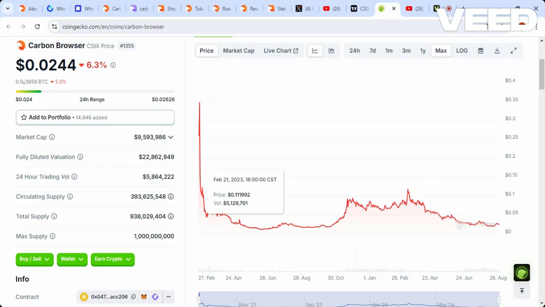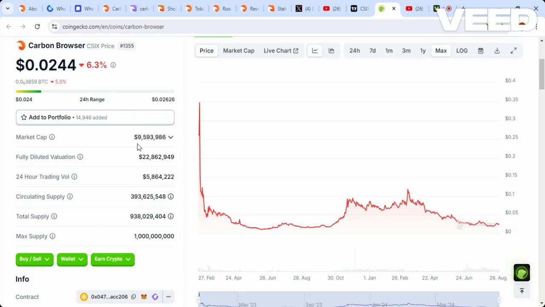So let's look at the current market cap, which is $9.5 million. The fully diluted market cap is equal to $22 million, and then we have over 5 million trading volume. This is the circulating supply, 393,625,000 tokens. So if Carbon was to hit 100x, which is going to be about $2.4, 10x is going to be $0.2, and from 2 cents, 100x, how much will it be?